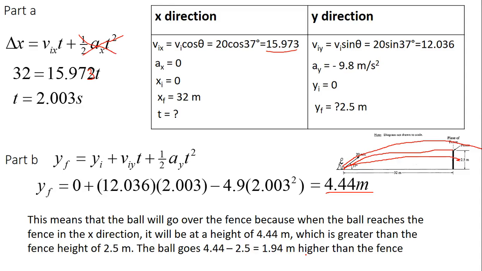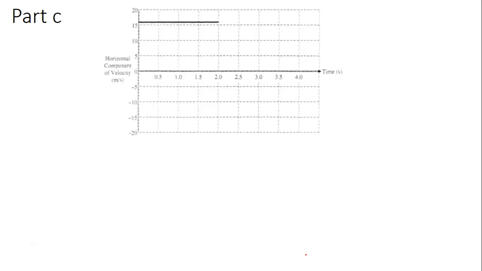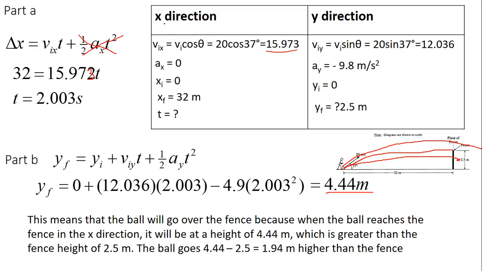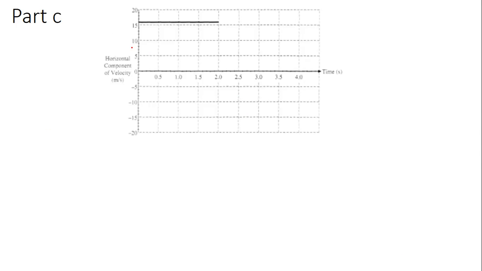Part C, we have to do velocity time graphs in both the X and Y directions. For part C, it's pretty easy. So that velocity we got from the x direction was around 16 meters per second. So on this graph, we've got from 0 to 2 seconds, it's at 16 meters per second.